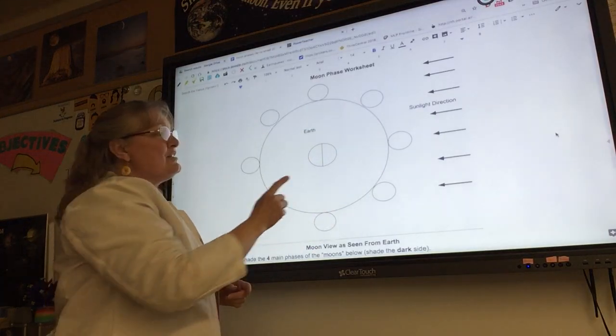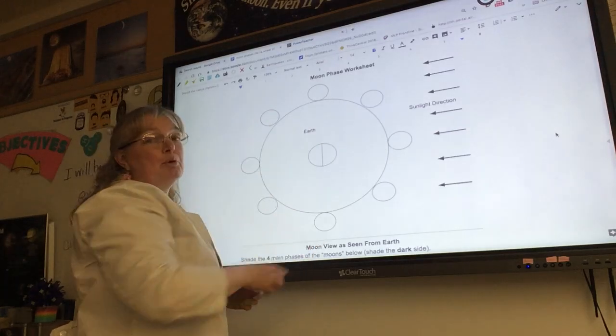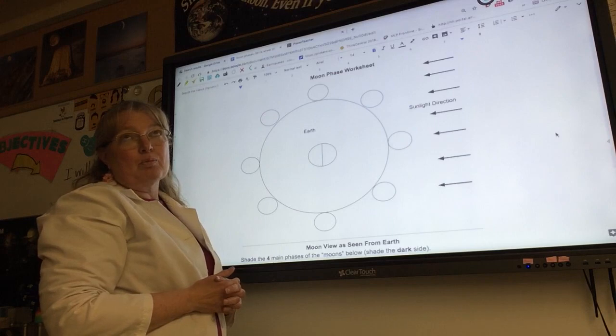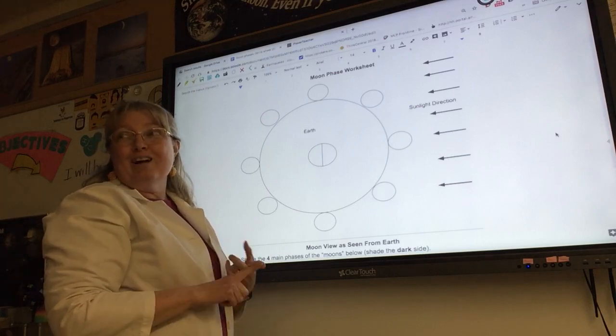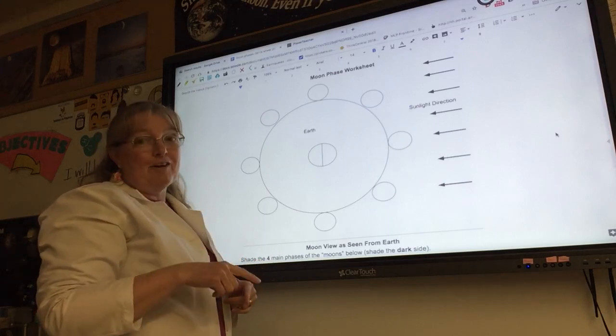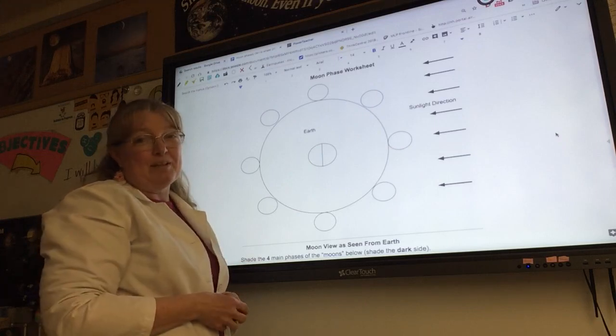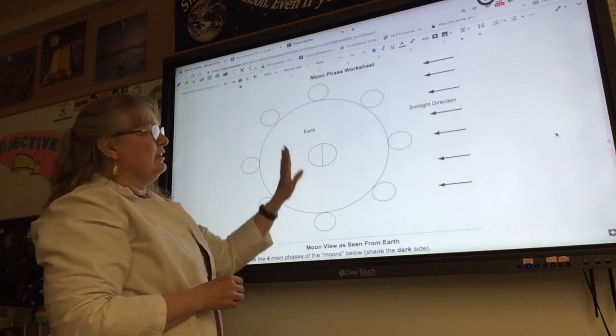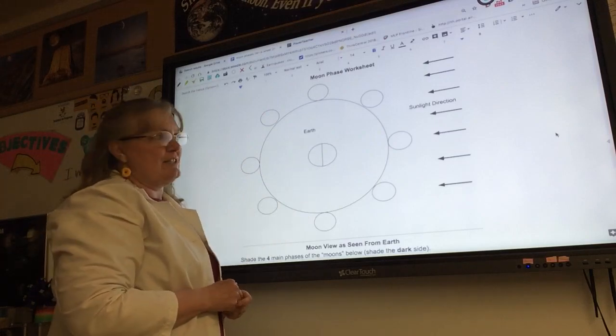Orbit, that's right. So this is the lunar orbit, or the moon orbit, as it revolves around the Earth. Not rotates, revolves around the Earth. See, I had to stop and think about that one. Okay? So moon orbit, and the Earth is in the center of that orbit.